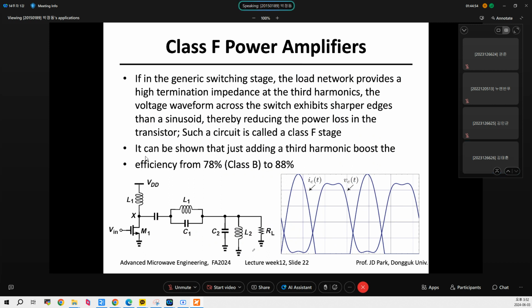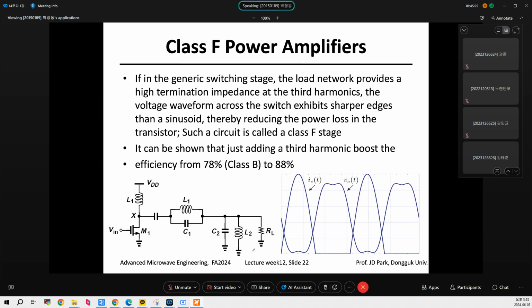Let's talk about class F. This class F amplifier is actually not a switching amplifier. Exactly speaking, in the generic switching stage, the load network provides a high termination impedance at the third harmonic, right? The voltage waveform across the switch exhibits sharper edges than sinusoidal, thereby reducing the power loss in the transistor.